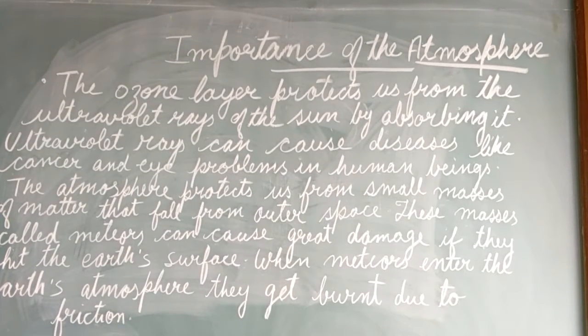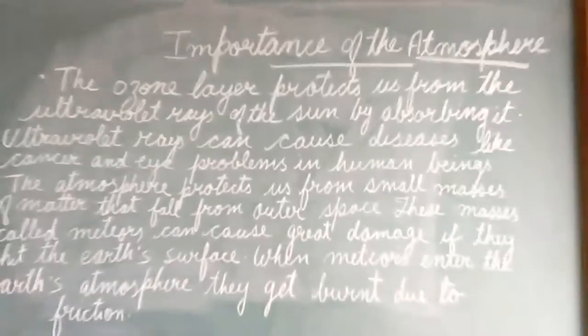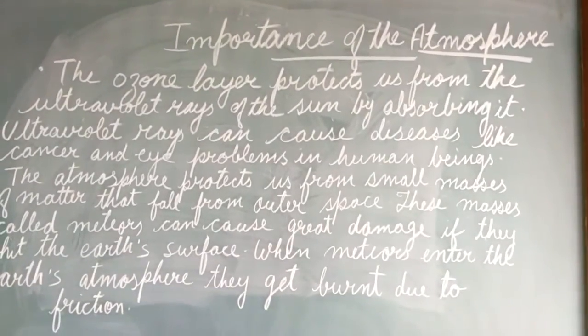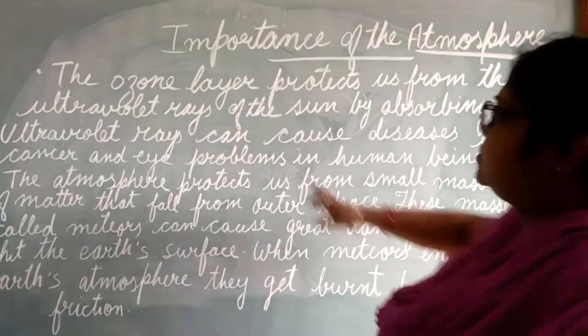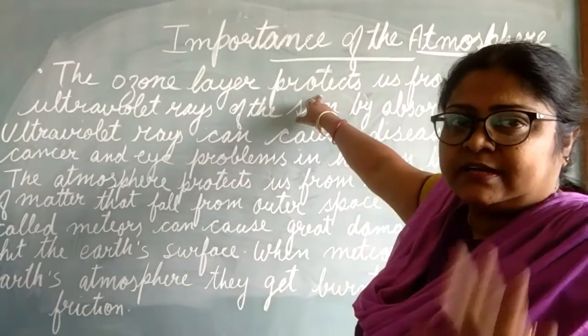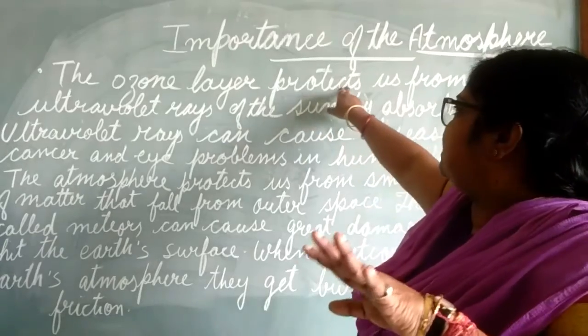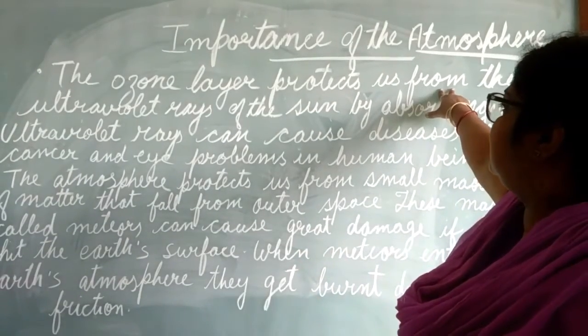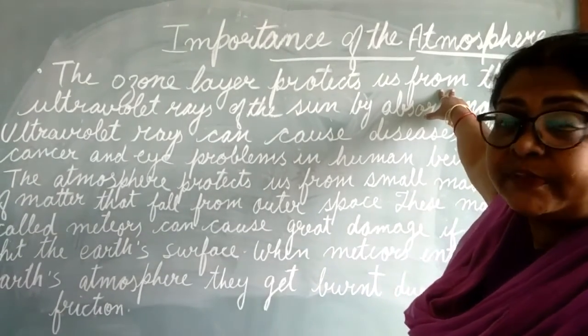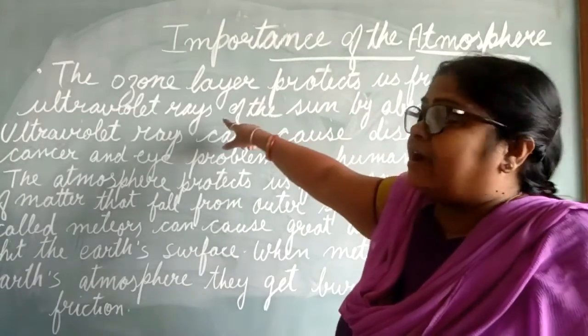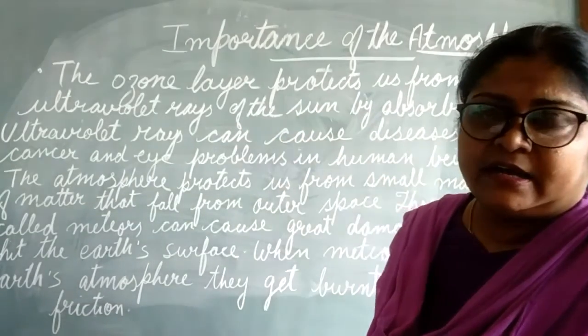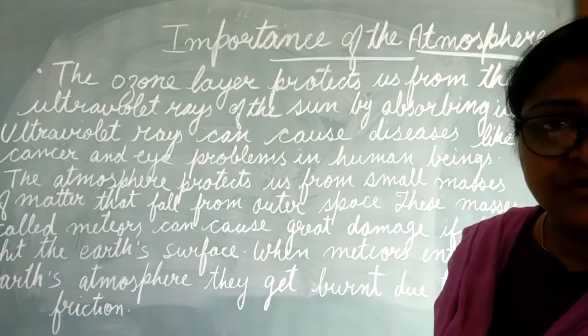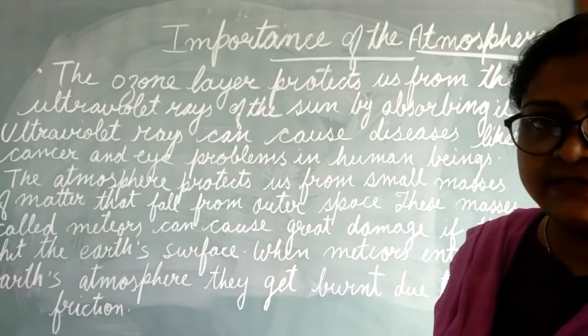Now today, you will learn about the third point of the importance of atmosphere. The ozone layer is there above. The ozone layer protects us from ultraviolet rays. Ultraviolet rays are not good, they harm us.